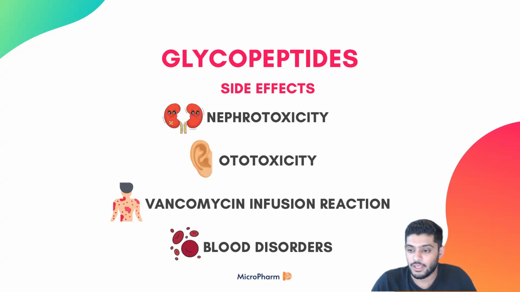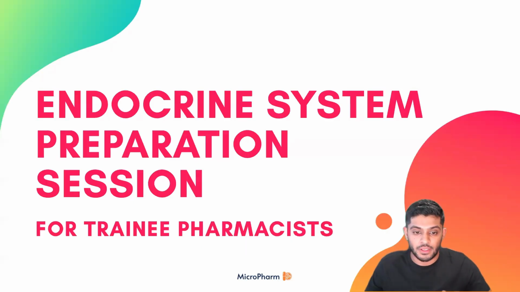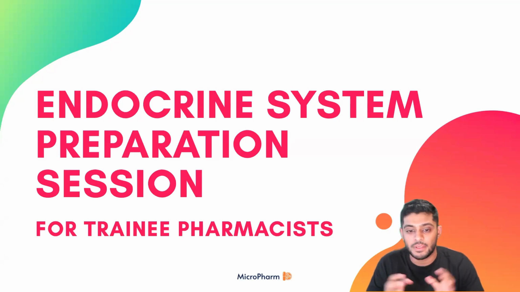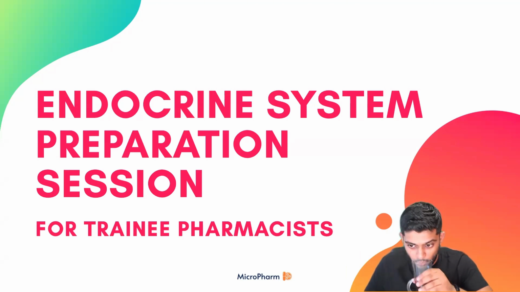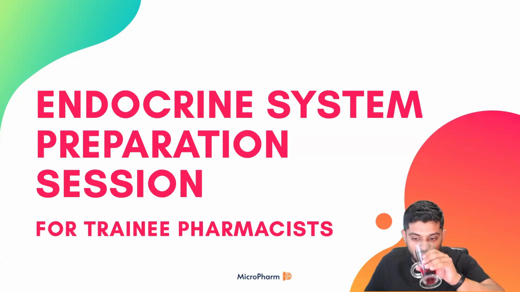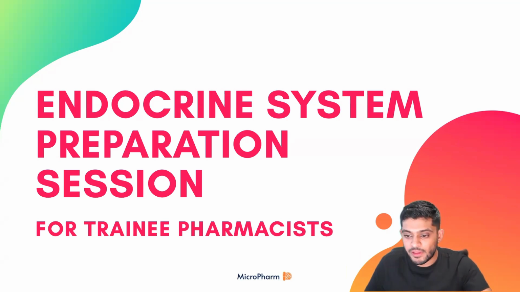Okay, so now we're going to go through the endocrine system today. When it comes to the GPhC exam, is the endocrine system low, medium, or high weighting? Does everyone know? Absolutely, high weighting.